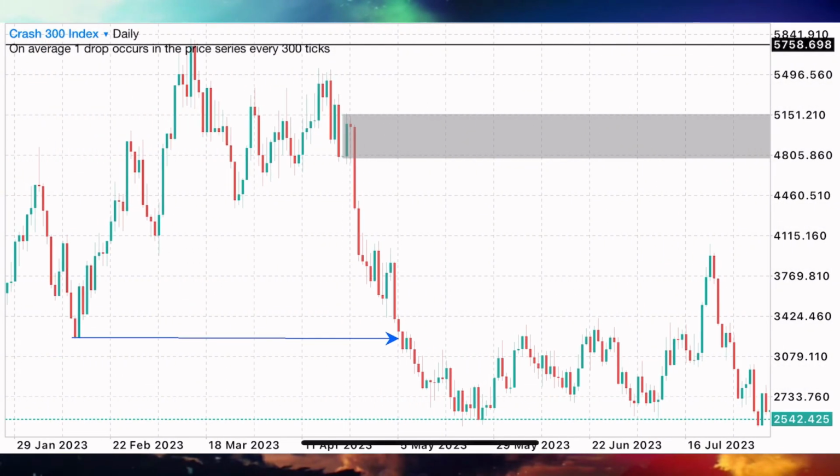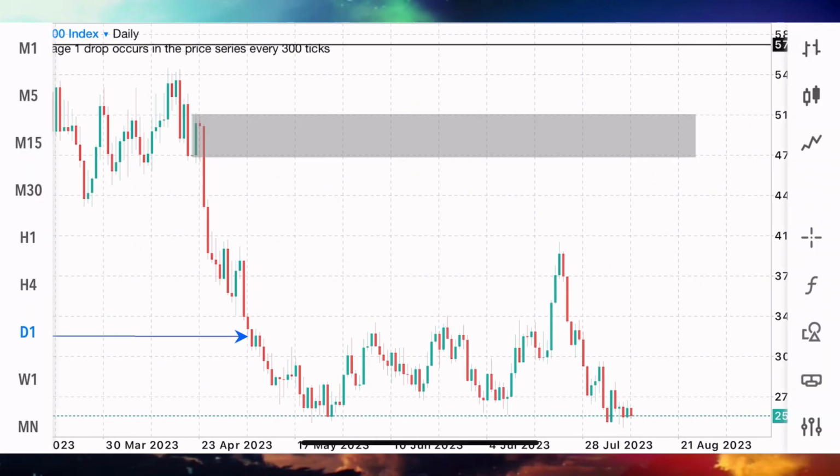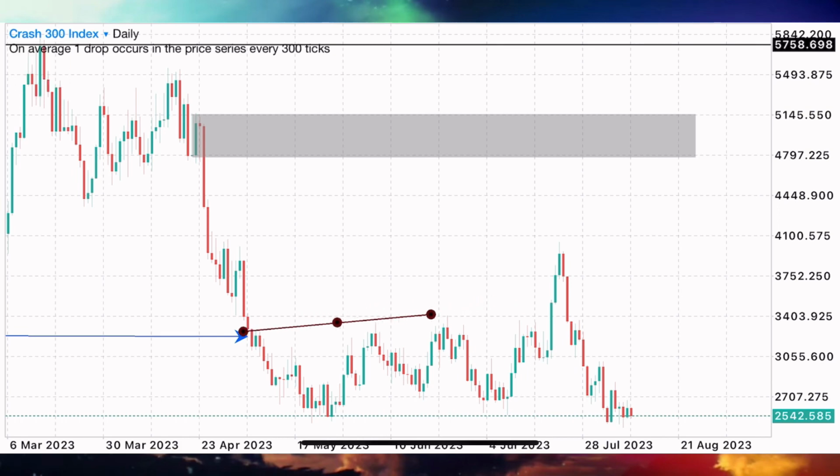Remember, to the left here, that's a break of structure. Then when I zoom in, the low that broke internal order flow, you can see that internal order flow is here. If I stretch it all the way to the right, that's my internal order flow.